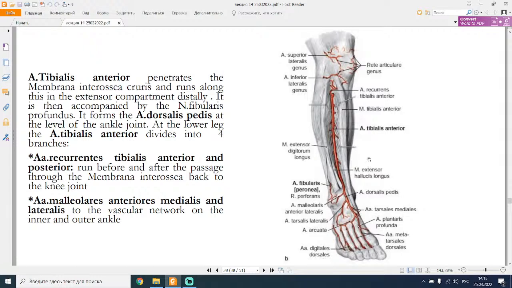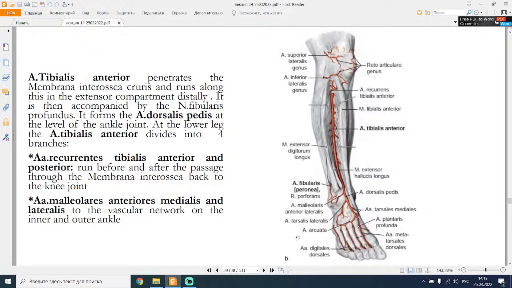Arteria recurrens tibialis anterior and posterior run before and after passage through the membrana interossea back to the knee joint.